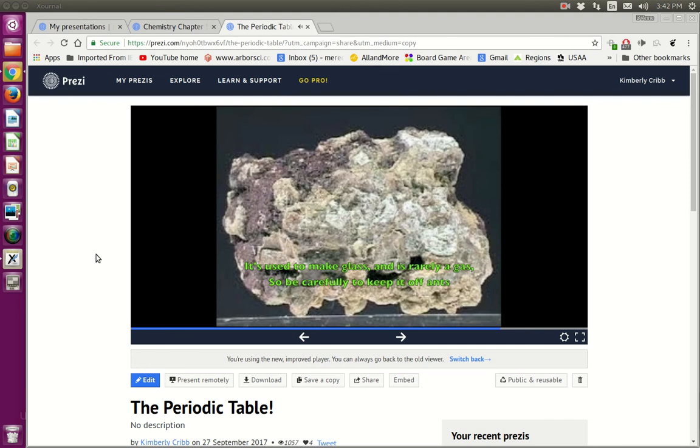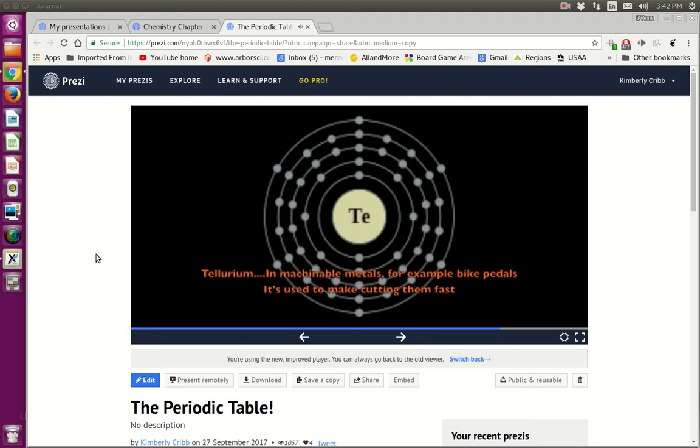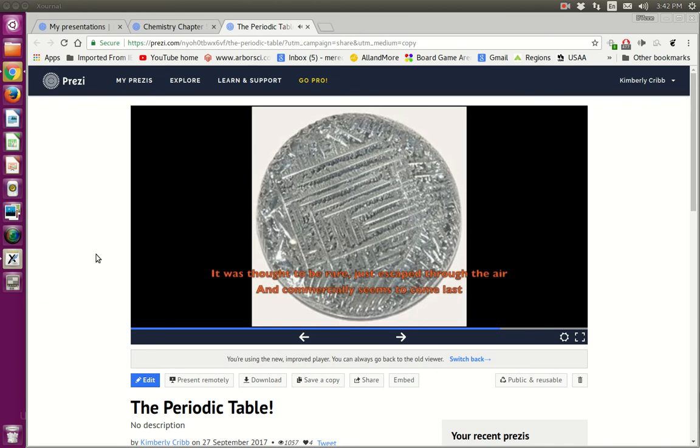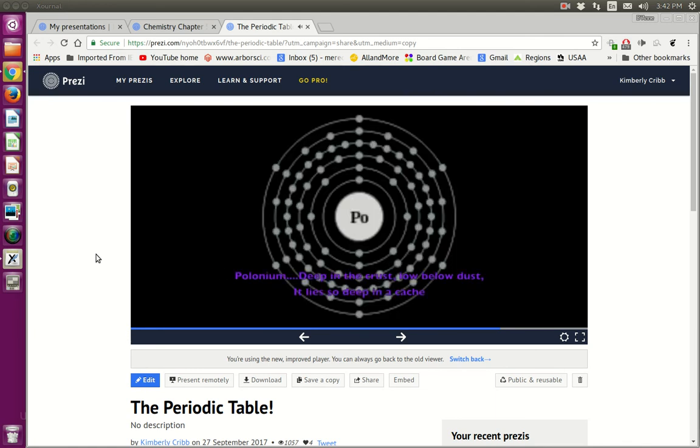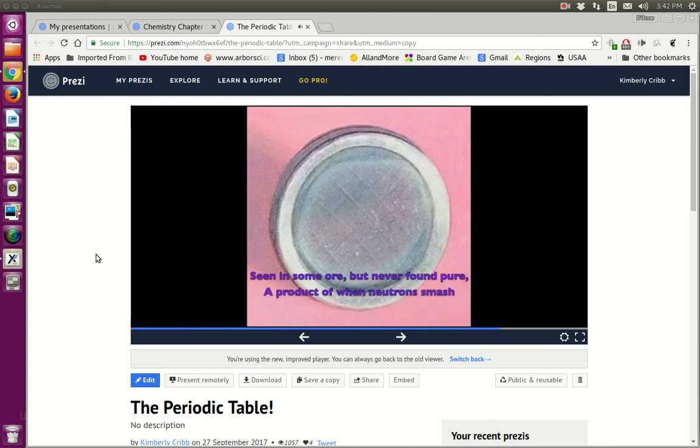It's used to make glass, rarely a gas. Tellurium in machinable metals, it's used to make cutting them fast. It was thought to be rare, and commercially come last. Polonium, deep in the crust, it lies so deep in ash. It's seen in some ore, but never found pure, a product of when neutrons smash.